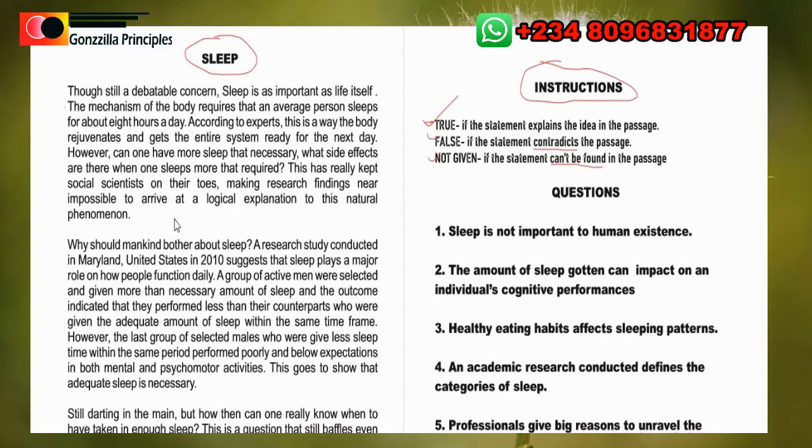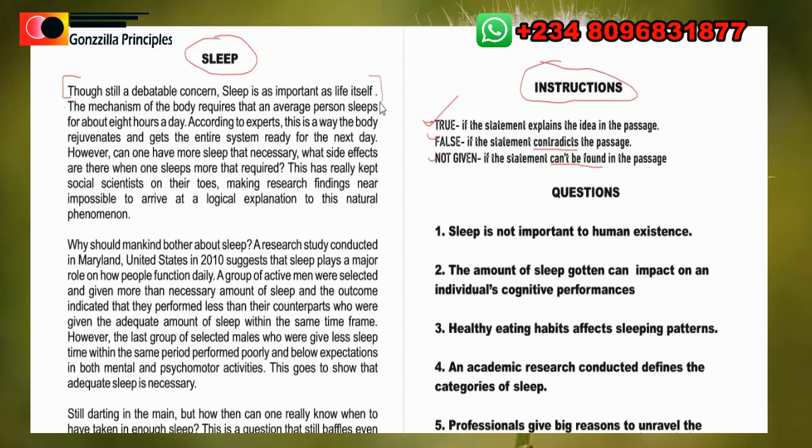I really don't bother. An average IELTS paragraph is written like an essay, which implies that you have the introduction, the body, and the conclusion. Okay, so let's look at the paragraph here, sleep. The first paragraph starts with a sentence here: though there is still a debatable concern, sleep is as important as life itself.